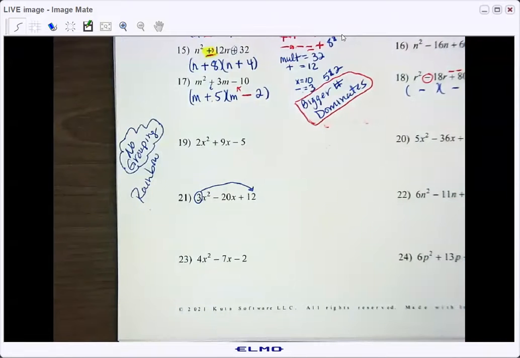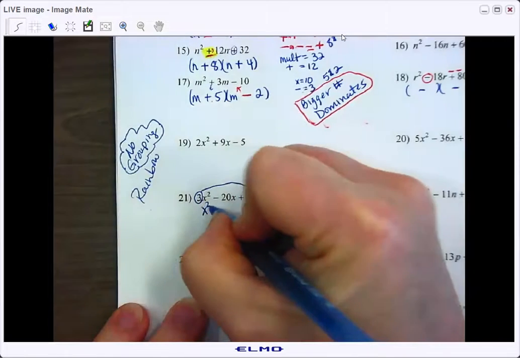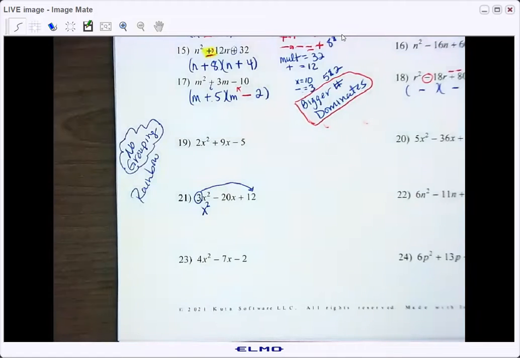Okay, so in the chat box, tell me what I get. What's my first step? What am I going to get? So x squared. Does the 20 change? Does the negative 20 change? Yes or no?